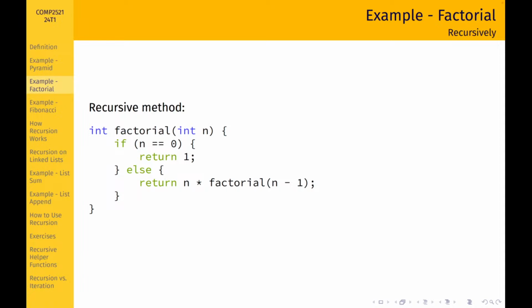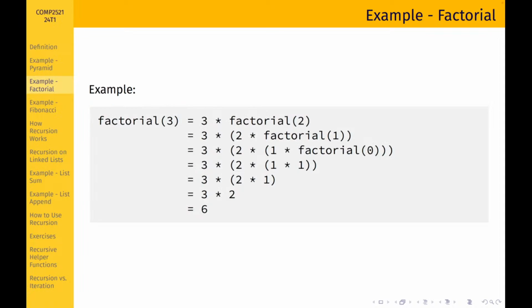So even though that is sometimes true, recursion is much broader than that. It is solving a problem in terms of solving smaller versions of the same problem. And this is how we would evaluate factorial, so you can have a look at this.